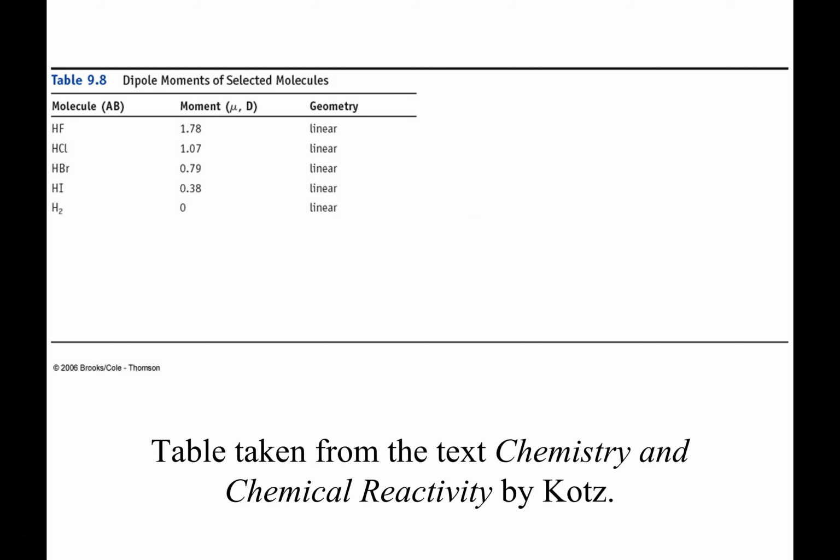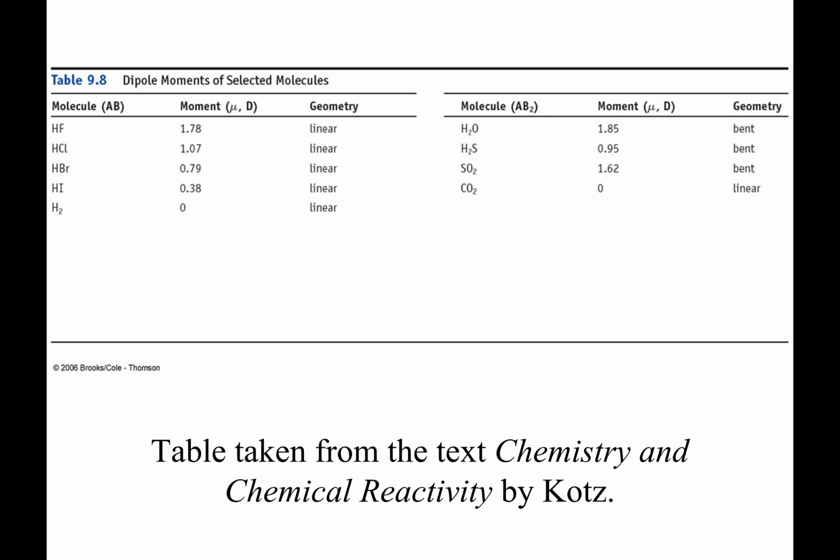Increasing net dipole moment simply means my electronegativity difference is greater. These are all bent. Well, actually this one's linear. The first 3 are bent. Notice that the first 3 have a net dipole moment, and the last one, CO2, is linear and has no net dipole moment.